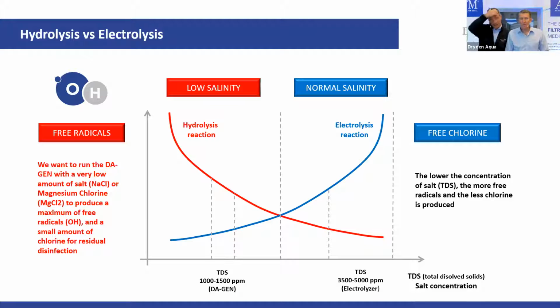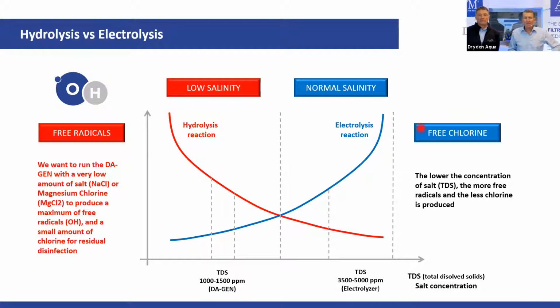Exactly. Here we explain the difference between hydrolysis and electrolysis. We see this in this graph. This is our salt concentration, expressed as TDS, total dissolved solids. On the left we see the production of free radicals, and on the right the production of free chlorine.